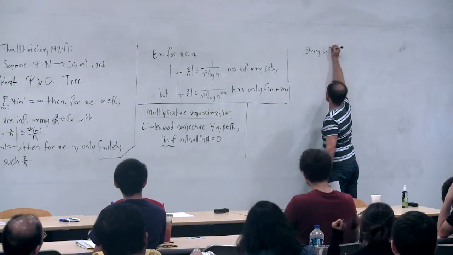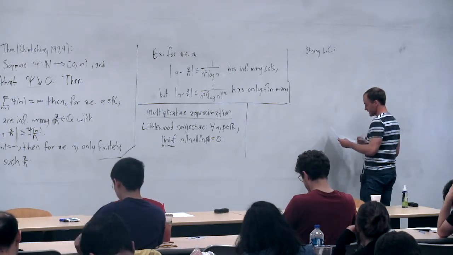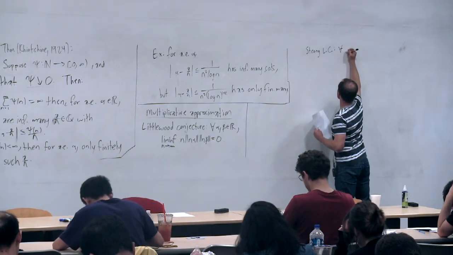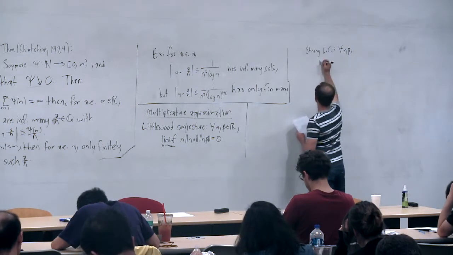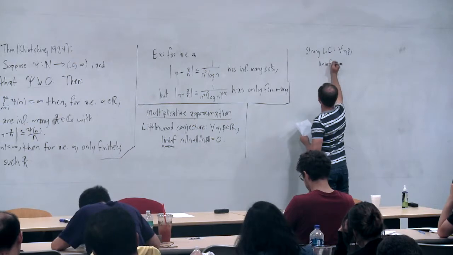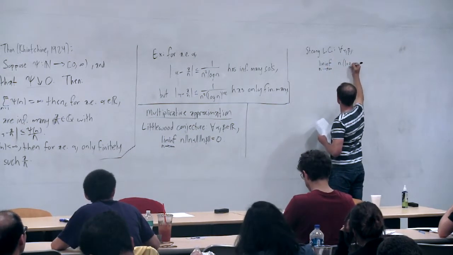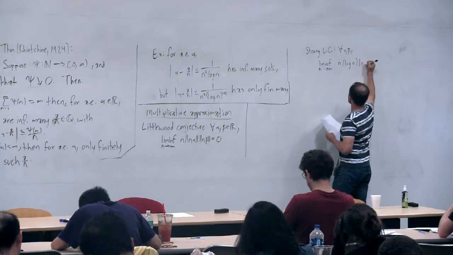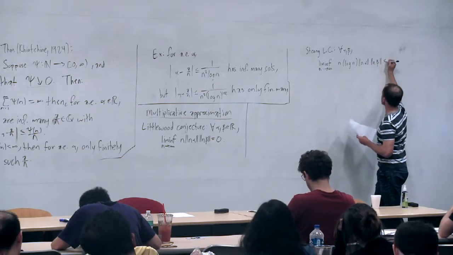And people call it the strong Littlewood conjecture. What it says is that for all alpha and beta, if you look at the lim inf as n tends to infinity of n times log n times double bar n alpha, double bar n beta, that's finite. Okay?